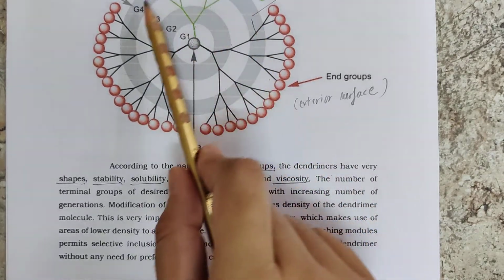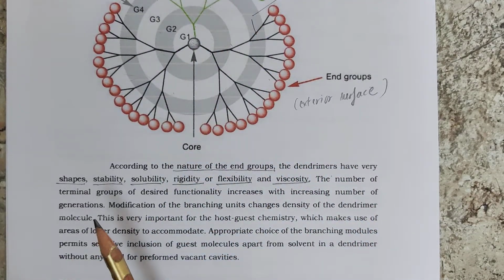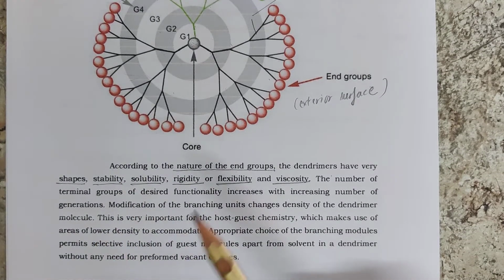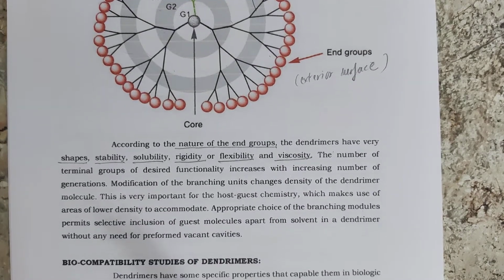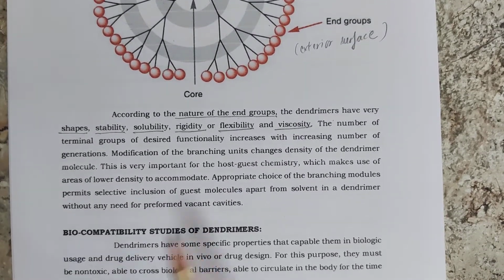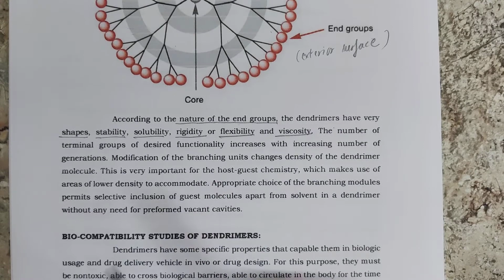Only 8 end groups would have been there. But now the number has increased many folds. So depending upon what is required from the dendrimer, we increase or decrease the branching.